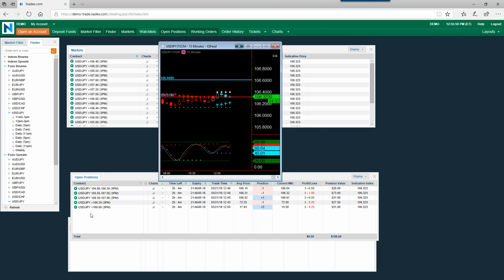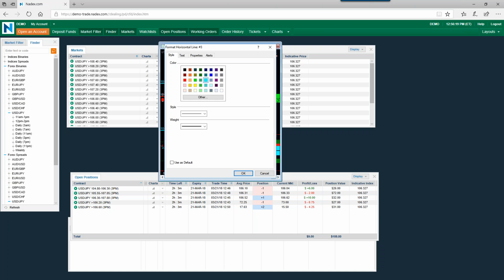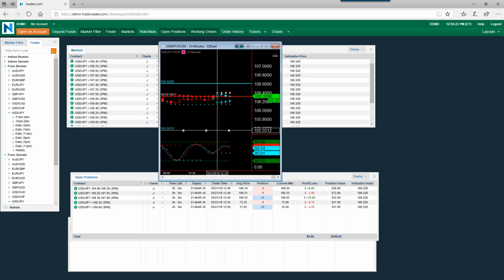Okay. Now, the bottom of that is at 105.55. That's where the floor is. So let me just put another line on here for 105.55. Okay. So now we have 105.55, and I'm going to make this yellow because that tells me that that is the floor for our short spread.